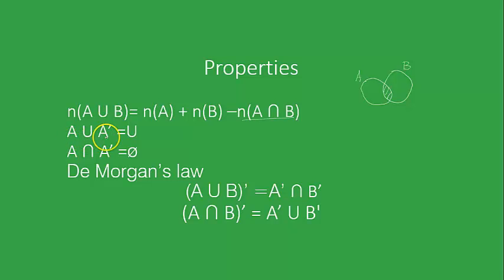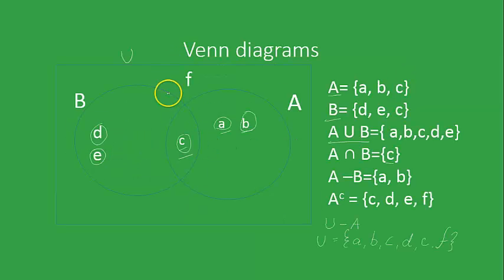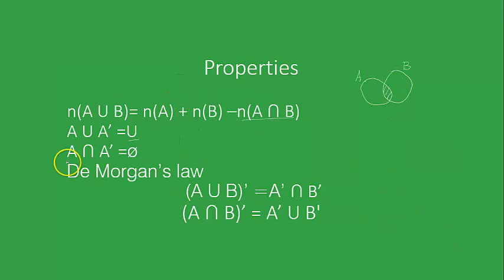The second property states that the union of A with its complement gives us the universal set, as can be seen from the last example of the Venn diagram. The third property is A intersection A dash is equal to phi, that is the empty set.